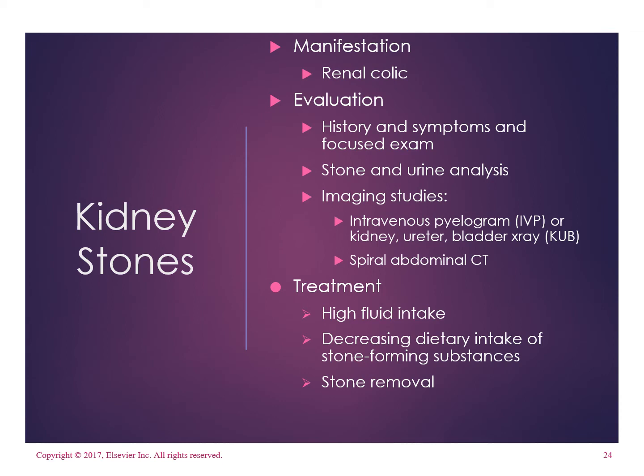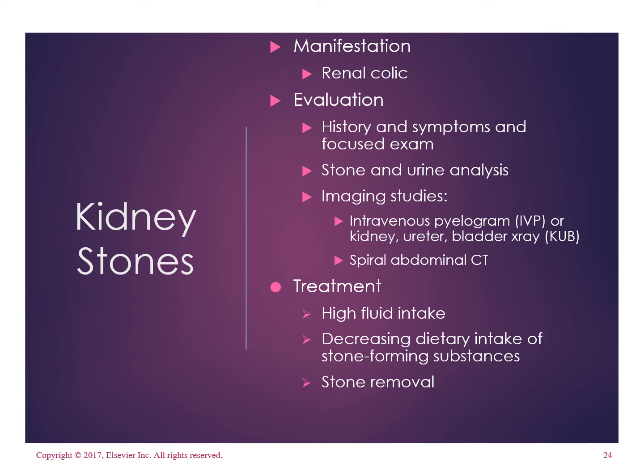Colic that radiates to the lateral flank or lower abdomen typically indicates obstruction in the mid-ureter, and bothersome lower urinary symptoms indicate obstruction of the lower ureter or ureterovesical junction. The pain can be severe and incapacitating and may be accompanied by nausea and vomiting.